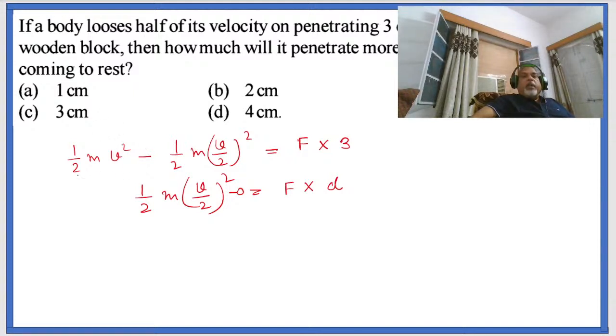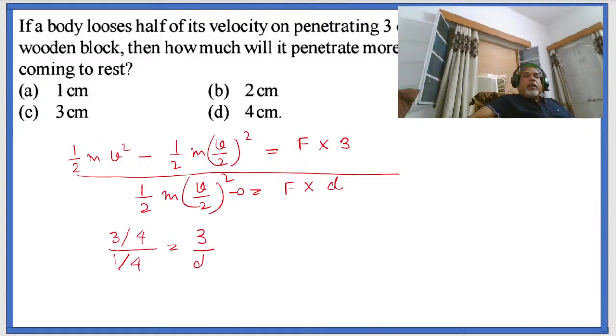If you divide it, what will happen? Here 3 by 4 divided by 1 by 4 will be nothing but 3 upon d. So d will come as 1 centimeter. It is very simple. Body loses half of its velocity on penetrating 3 centimeter.